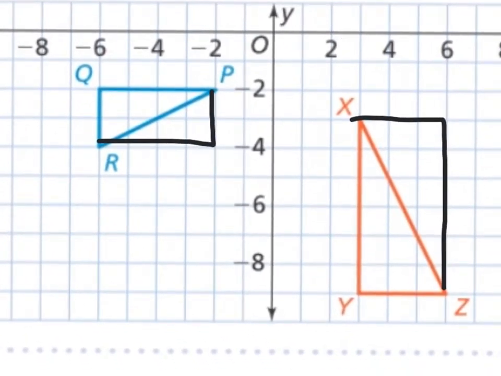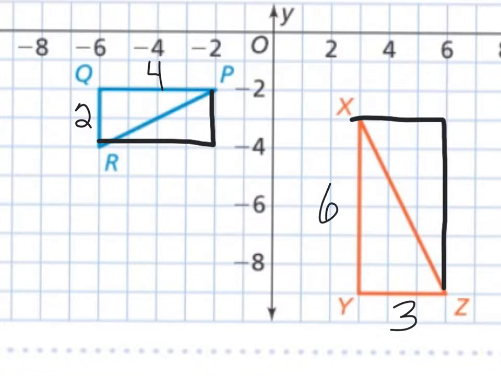So if we look at this, just count the squares. On the blue triangle, this is 2 squares, this is 4 squares. On the red triangle, this is 3, and this is 6.